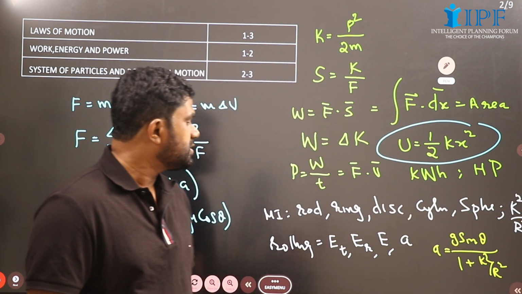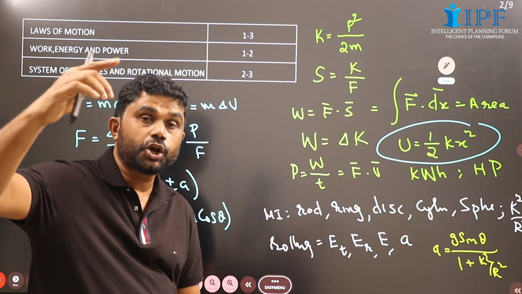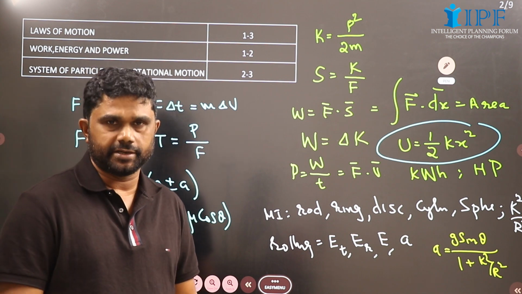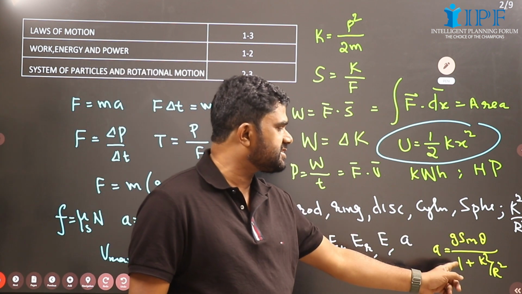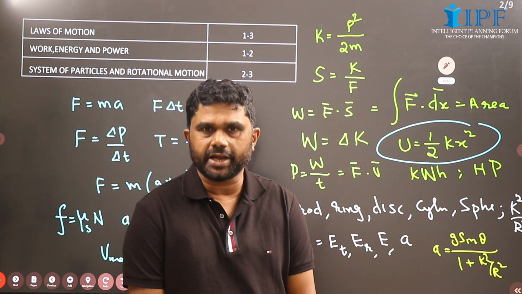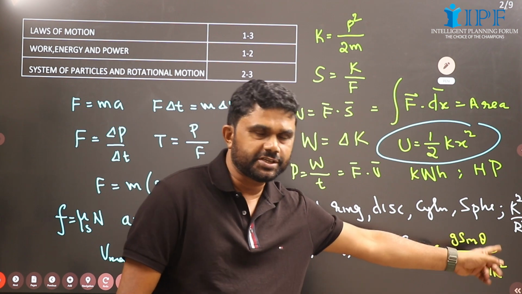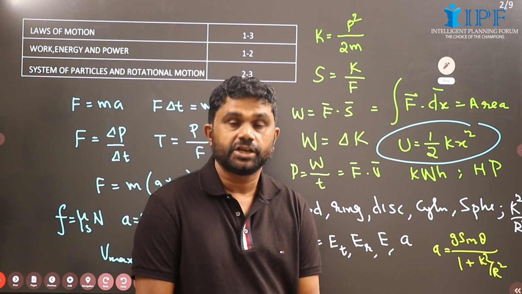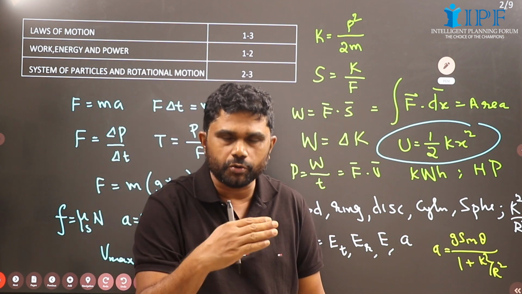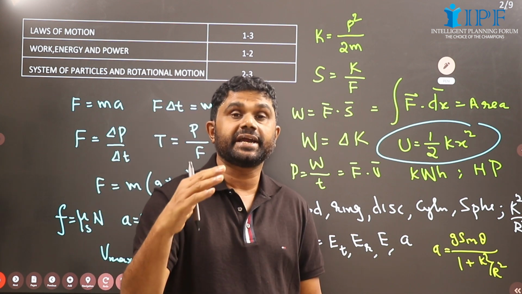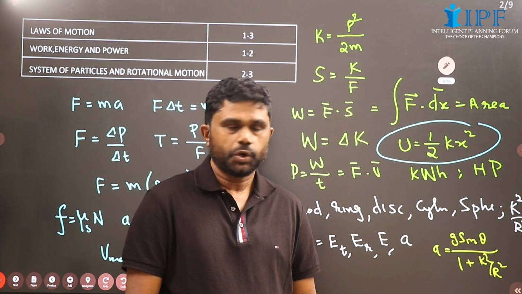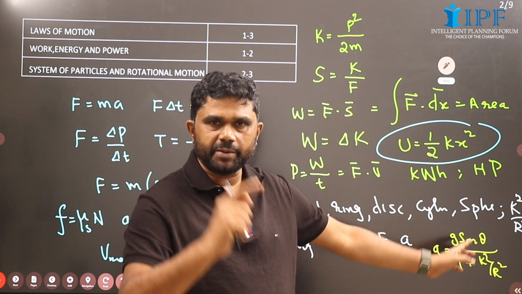Now suppose a body rolls down a rough inclined plane, then its acceleration is g sine theta over 1 plus K square by R square. Here also there is the ratio K square by R square. Now suppose a ring rolls down a rough plane inclined at 30 degrees with the horizontal. g sine 30 is g by 2.